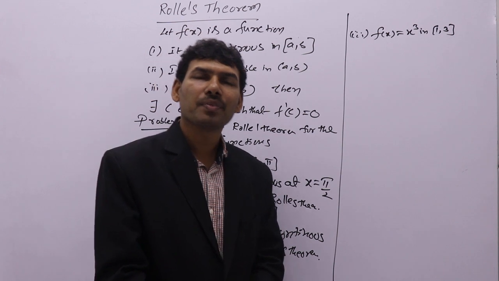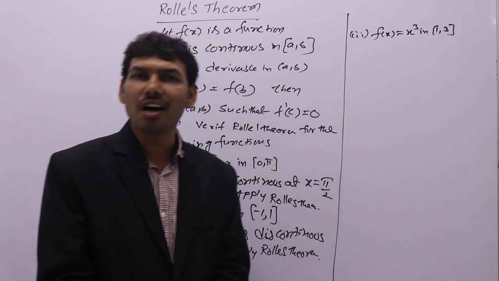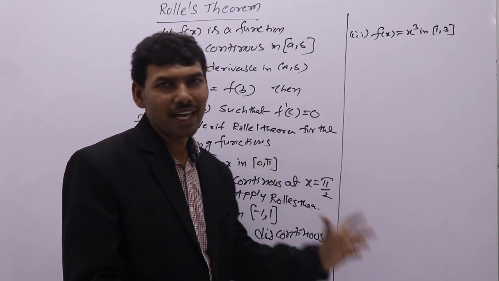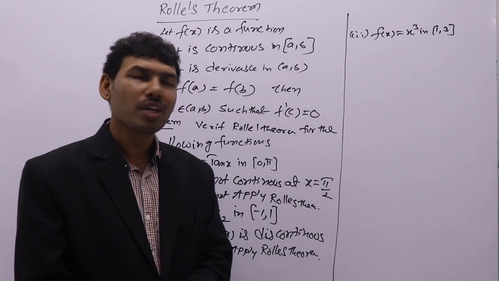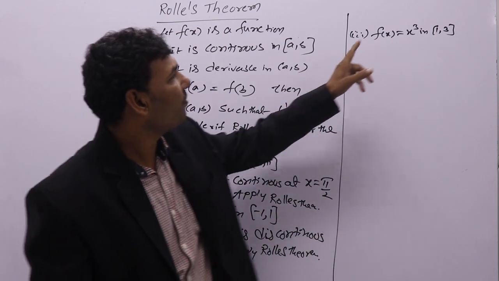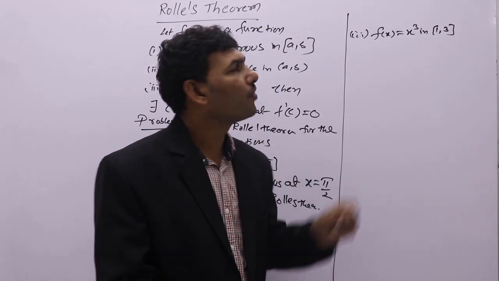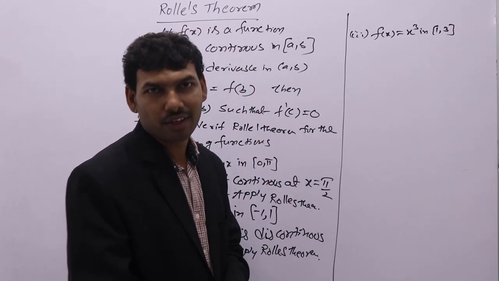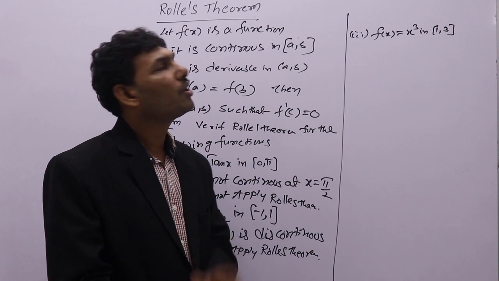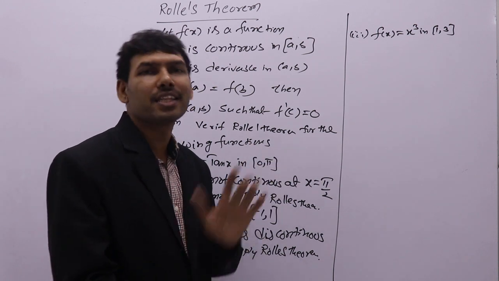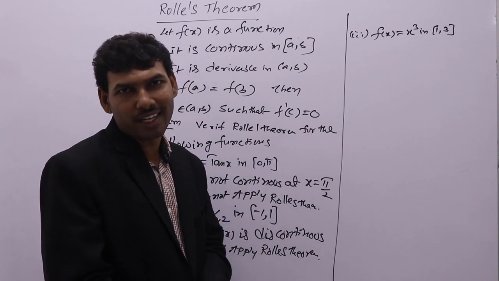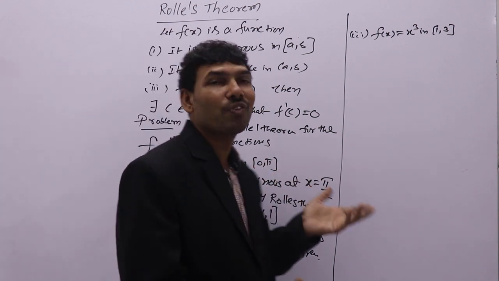All polynomials are continuous and derivable. If you want, you can check here, f of x equal to x cube. If you write 1 in the place of x, you will get 1 cube. 2, 2 cube. 3, 3 cube. Any value in between 1 and 3, you cannot get an infinite value.